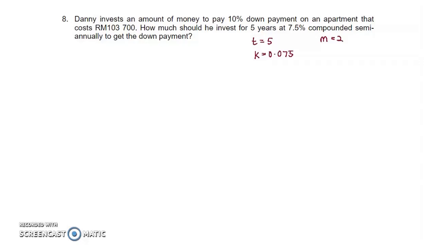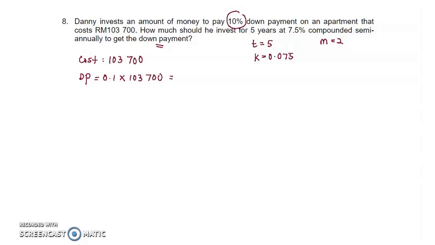Okay, now calculate the down payment. The cost of the house is 103,700. So the down payment that Danny needs to pay is 10%, so 0.1 multiplied by 103,700 is 10,370.